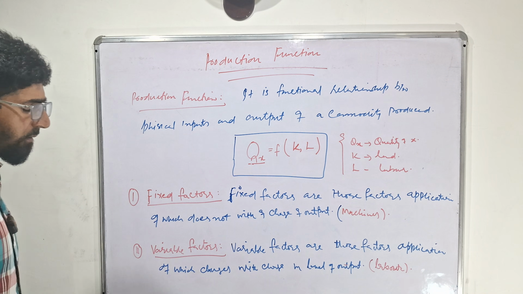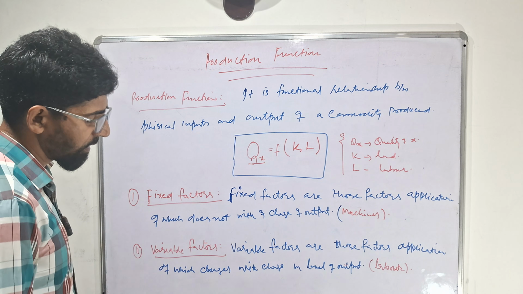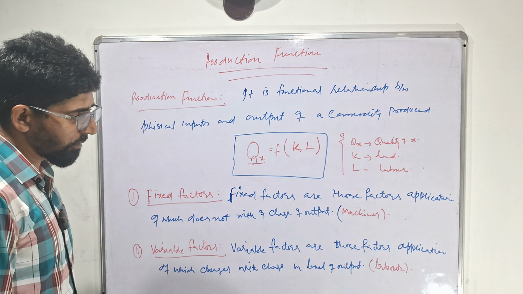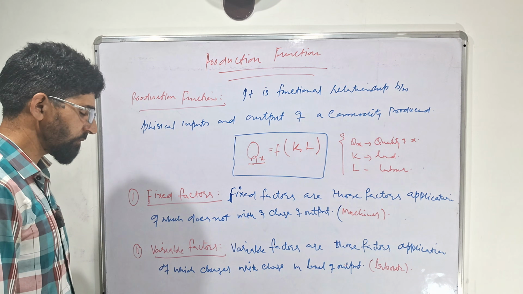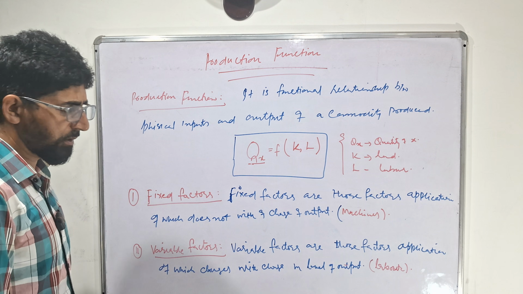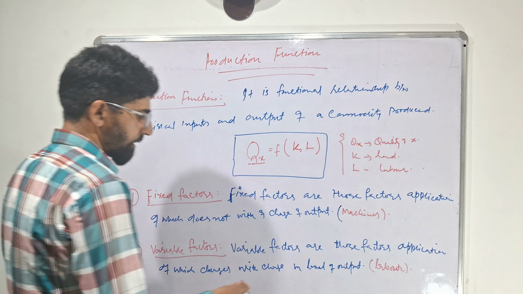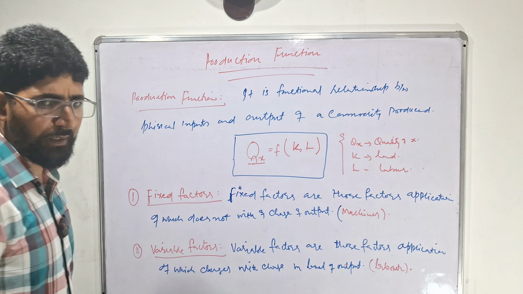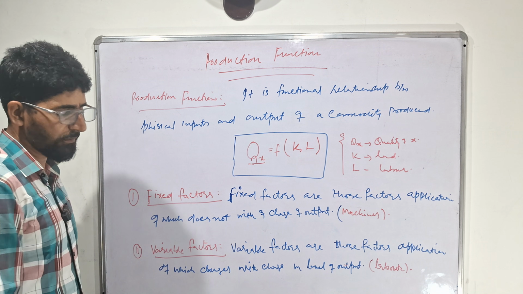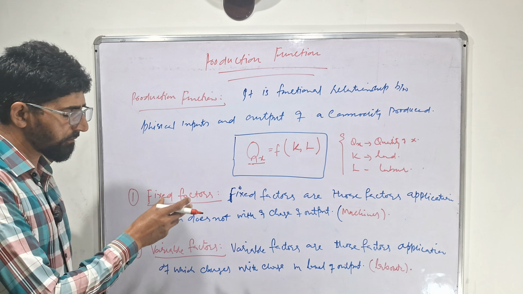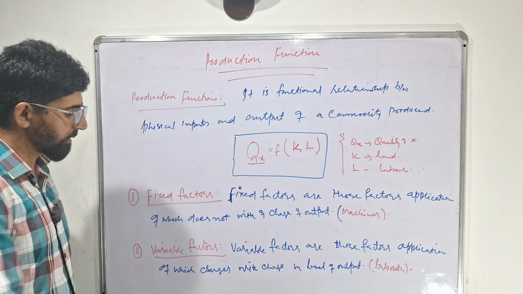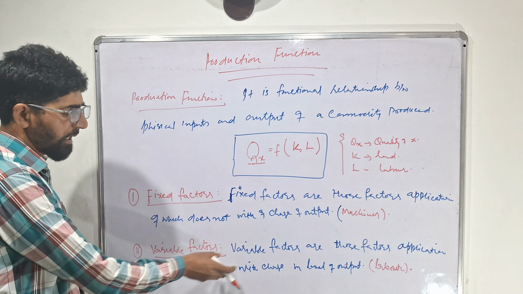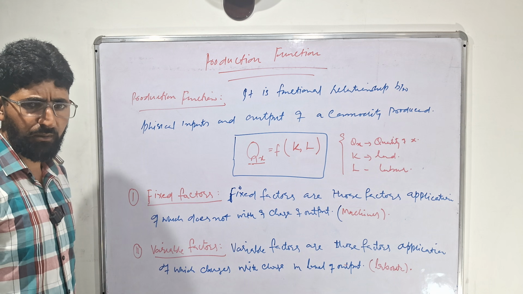If the level of output of labor is 0, definitely output of labor will be 0. Why is labor a variable factor, and why do we treat the machine as a fixed factor? Labor can change level of output.